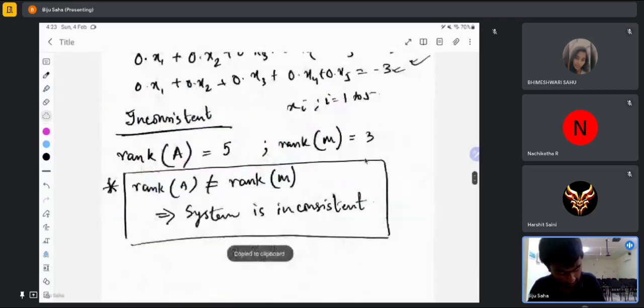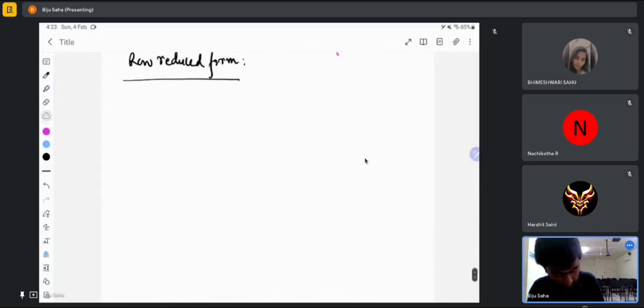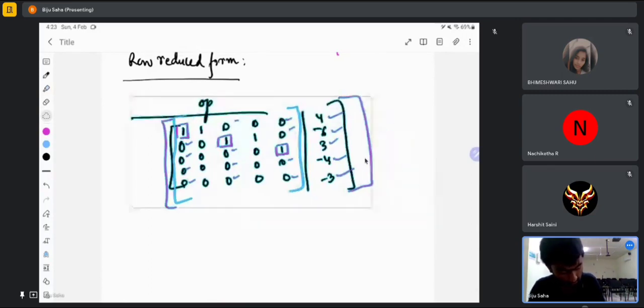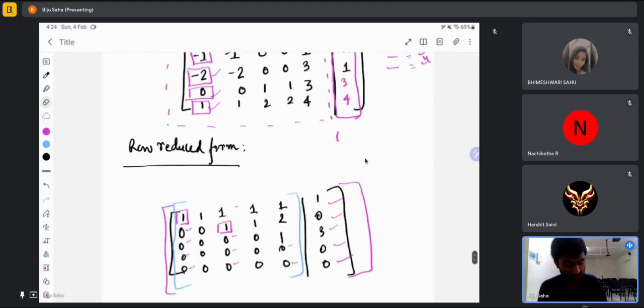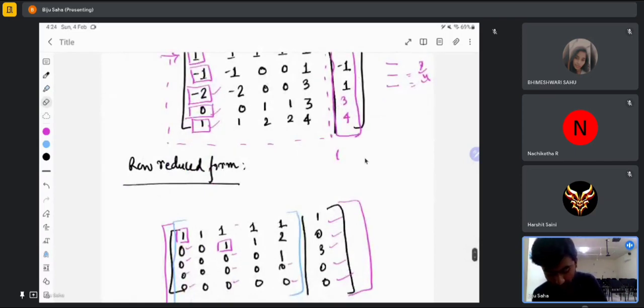The change occurs in the last two rows. This is how the row reduced form for this particular system of equations looks.